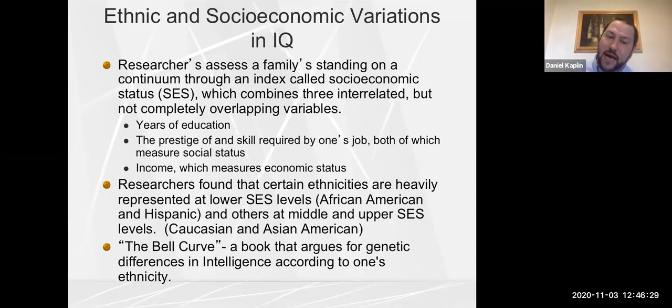But there was a time when The Bell Curve was a popular book and people believed that whites were inherently more intelligent than Blacks. But when you put things into the mix, things like socioeconomic status, that tells a story as well. Socioeconomic status has three parts: years of education, prestige or status of one's job, and income.